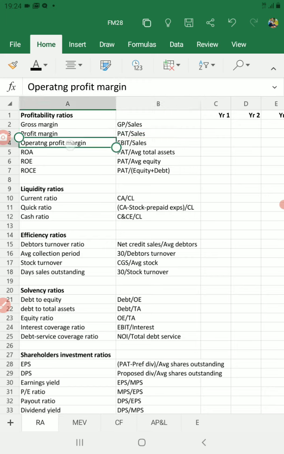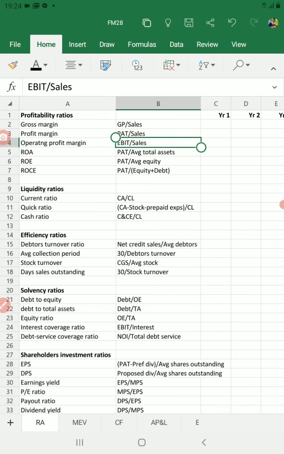Operating profit margin, this is the operating profit. That means you take sales, you minus direct sales, and you minus operating expenses, but before interest expenses and taxes. Okay, so that one is called earnings before interest and tax.